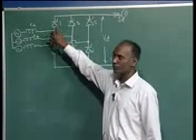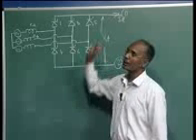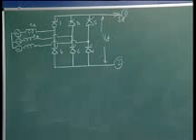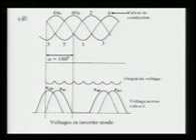Similarly here, if 1 is conducting, then EA; if 3 is conducting, then EB appears, and so on. So if the valve numbers are given, you can write the phase voltages appearing on the upper as well as the lower limbs. Here 6 is EB, 2 is EC, 1 is EA, 3 is EB and 5 is EC.